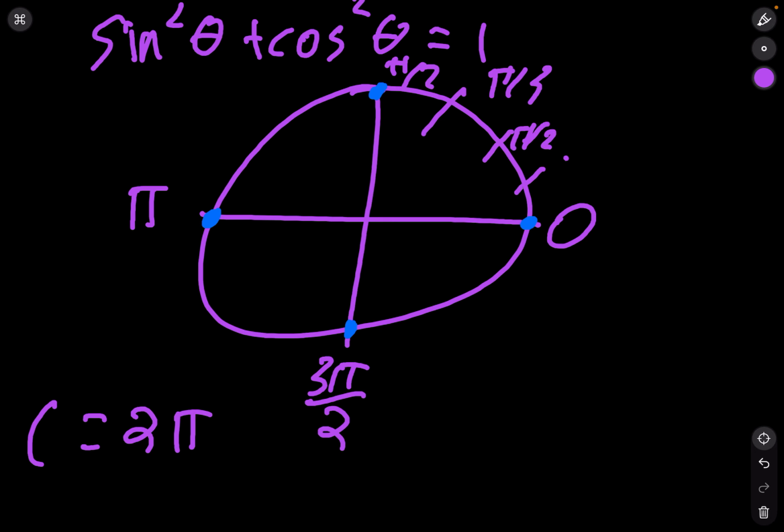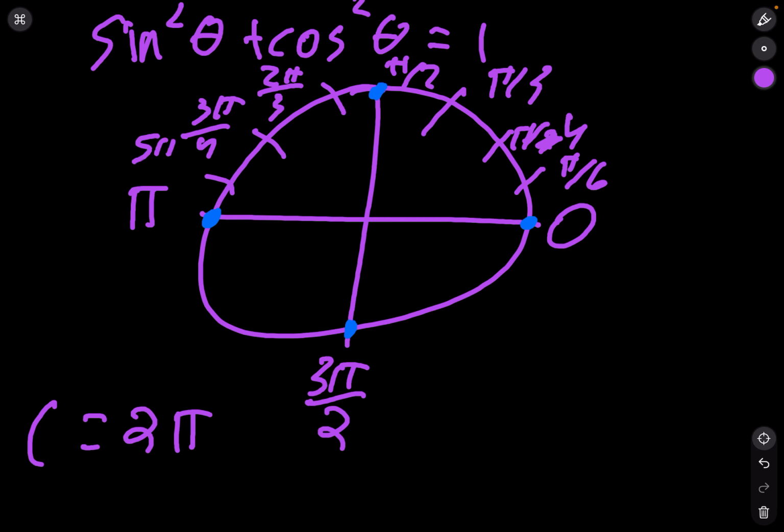If you were really good at geometry class, you'll remember that the circumference of a circle is equal to 2 pi. So that would be circumference. And so from here we have different radians, also called other parts of the circle.